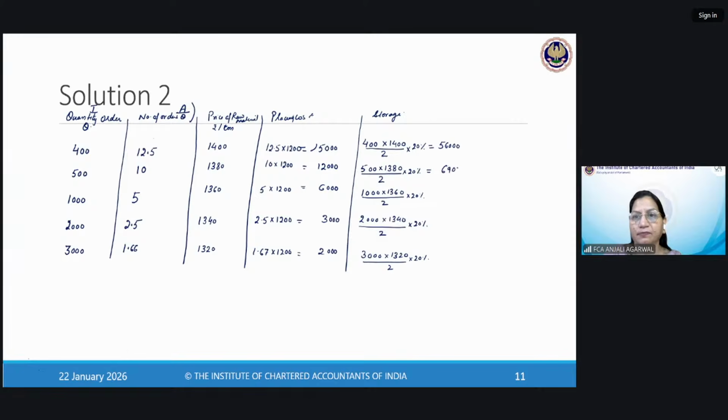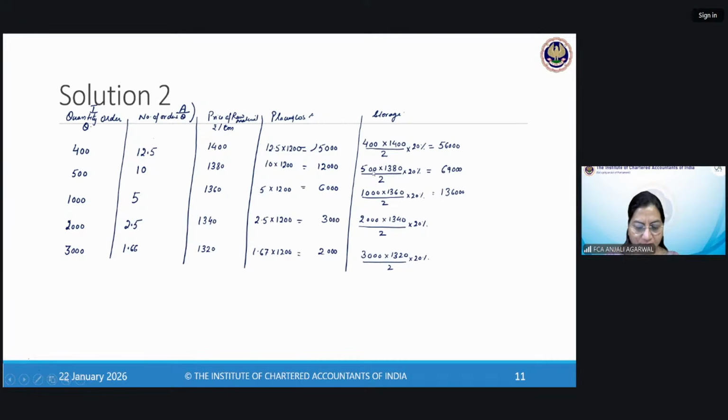Then 69,000. 1,000 into 1,360 into 0.2: 1,36,000. So you see, it did not exactly double. You are holding double units. So 69,000 into 2 should be around 138,000, but it is 136,000. Because of the discount, the storage cost did not double exactly.